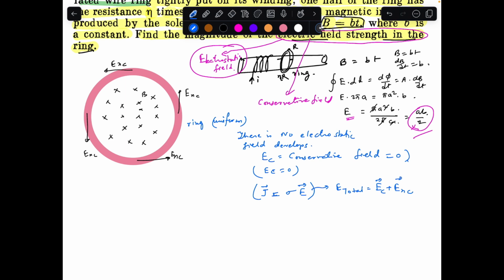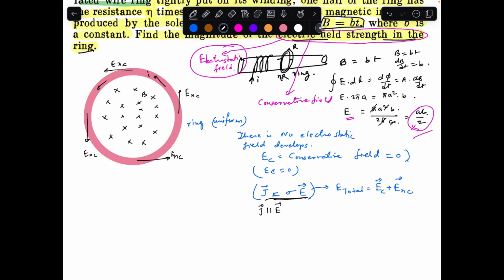So I am assuming that inside there is a conservative field. What will be the direction of the conservative field? From this relation you can understand that J is parallel to E. So the direction of J and E is parallel, because current density will be in the direction of current, no?